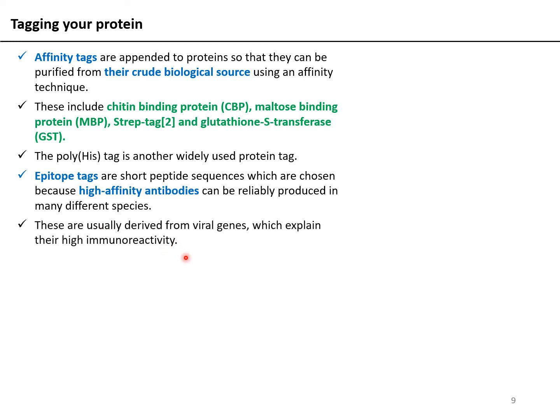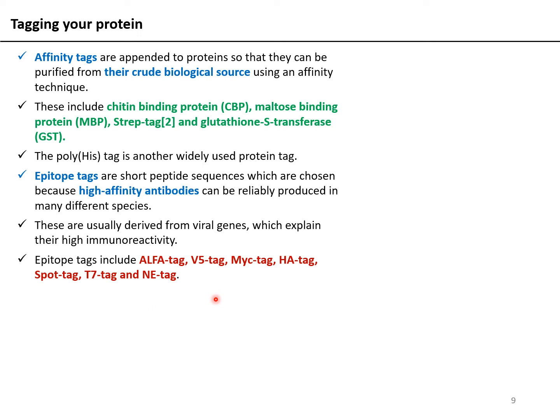These are usually derived from viral genes, which explains their high immunoreactivity, and also the fact that no other protein that is expressed by your expression system will naturally have that tag, because it is viral in origin. It is naturally not expressed in that expression system. Epitope tags commonly used include the alpha tag, the V5 tag, MYC tag, HA tag, spot tag, T7 tag, and others.